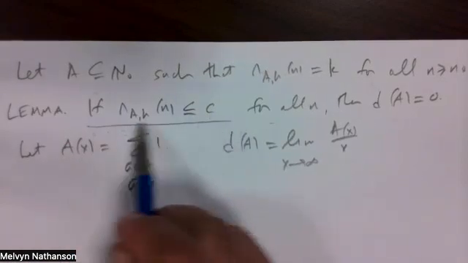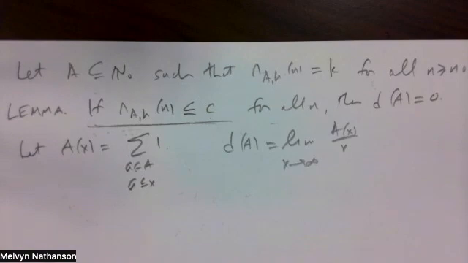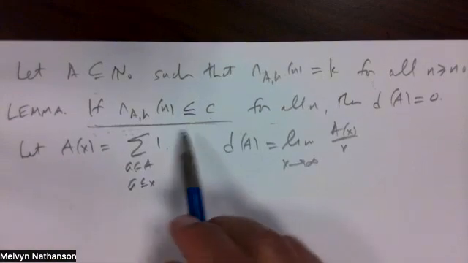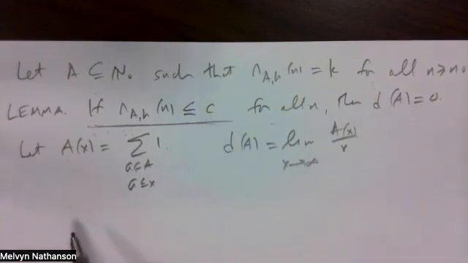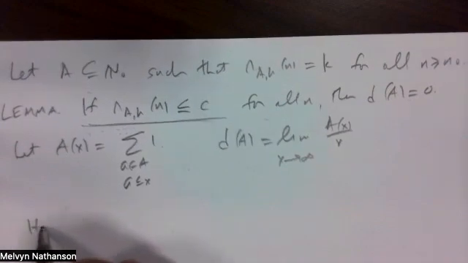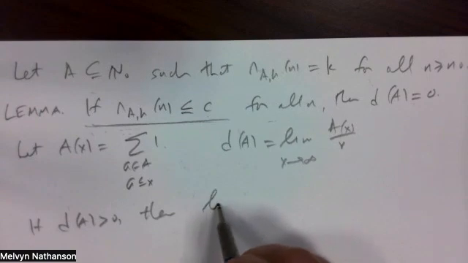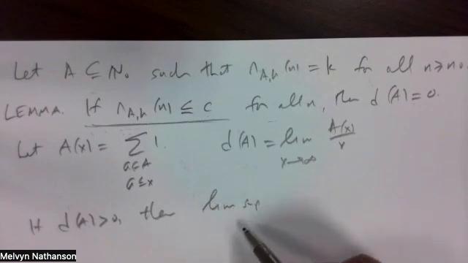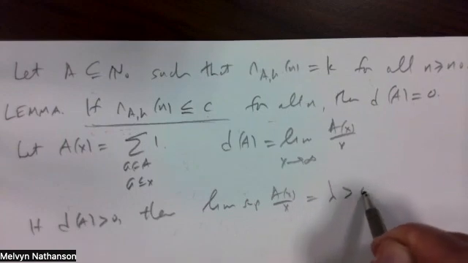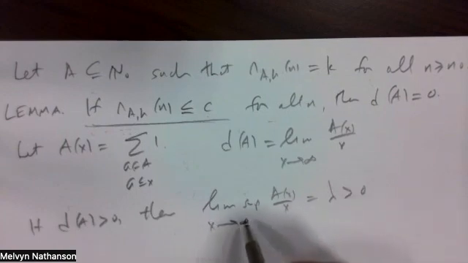Now, suppose this representation function is bounded. Suppose it's positive. So if the density of A is greater than 0, then lim sup of A of X over X is some number lambda greater than 0.